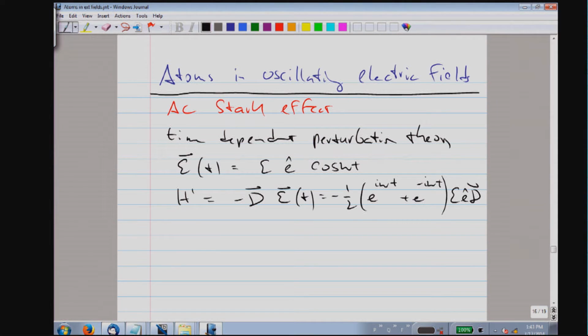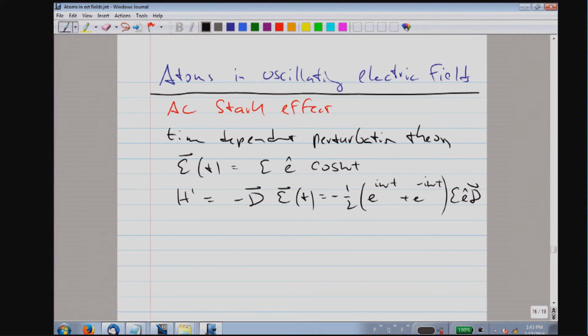I don't want to bore you with perturbation theory in quantum mechanics because you have all seen it in 805 or 806. I just want to jump to the result.